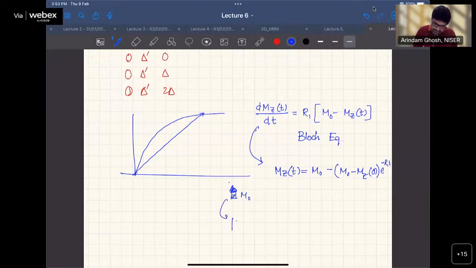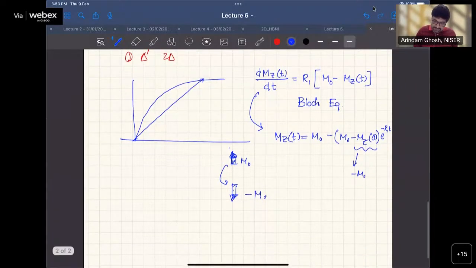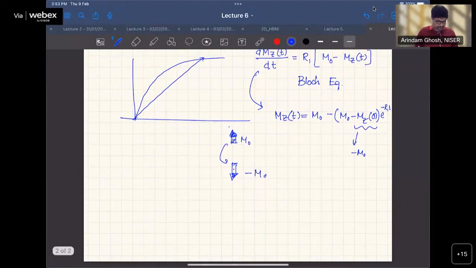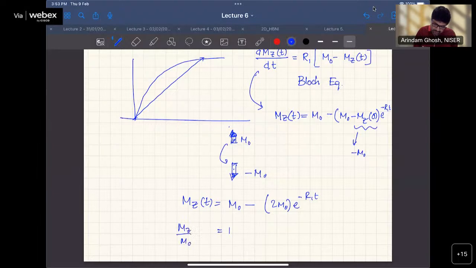If I just flip the whole thing, it becomes minus M naught, so Mz at 0 is minus M naught. Then M naught minus minus M naught gives 2 M naught. So the equation becomes Mz(t) equals M naught minus 2 M naught e to the power minus R1 t, which can also be written as Mz divided by M naught equals 1 minus 2 times e to the power minus R1 t.